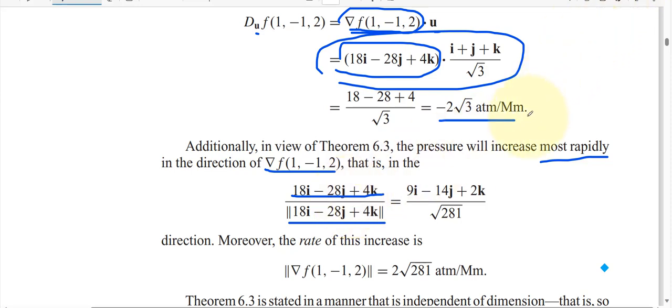And then further, they point out that the actual rate of increase in this maximum increase direction is the norm of the gradient. So this is how much increase we're getting as we move in the direction of the gradient.